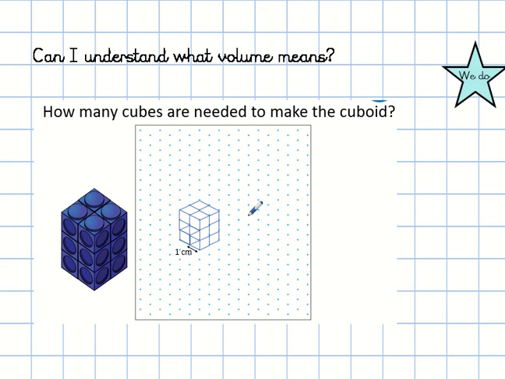And then how many cubes are needed to make this cuboid here? Now, a cuboid is like a perfect rectangle. So we know that there's going to be 3 in this row, and 3 in this row here, heading down.